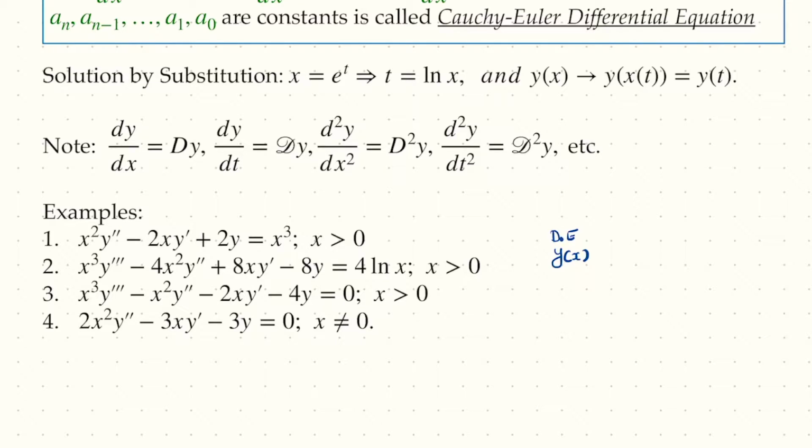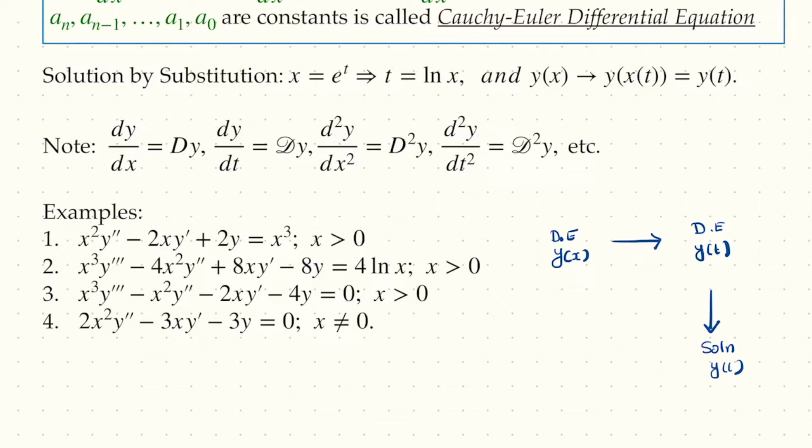Then you transform this to a differential equation of y in terms of t. Then you solve that differential equation, and you get a solution to the differential equation, y in terms of t, so a solution y of t.